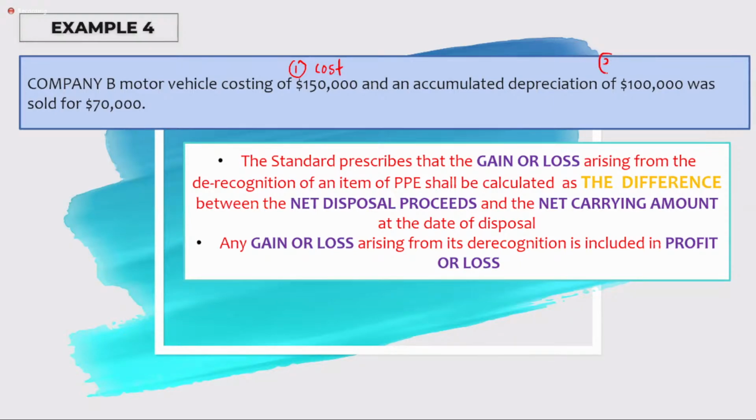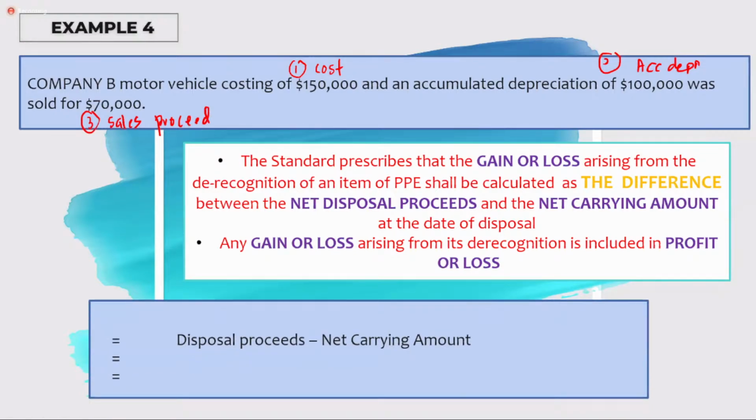Number 2 is the accumulated depreciation, 100,000, and number 3 is the sales proceeds, the cash received from disposal of the asset. So what is the formula to calculate the gain or loss? You need to calculate the difference in the amount.